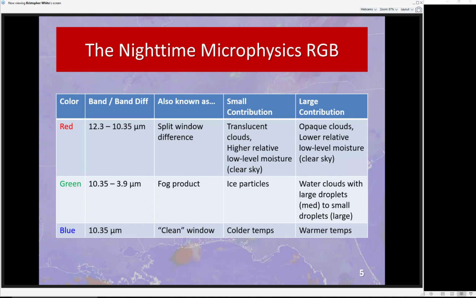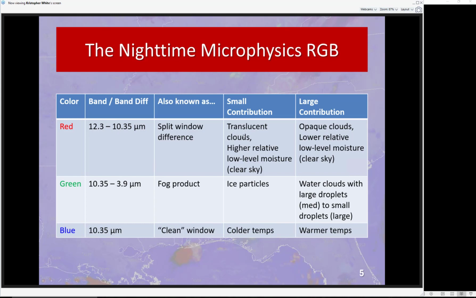I just wanted to mention the formula that comprises the Nighttime Microphysics RGB, and talk very briefly about the constituent color components and the channel differences that comprise them. Starting with the red, notice that this is the 12.3 minus 10.35 micron band difference, also known as the split window difference. If you went into the channel differences under the satellite menu, you would see this band difference located in there.